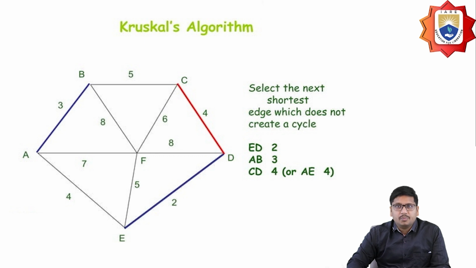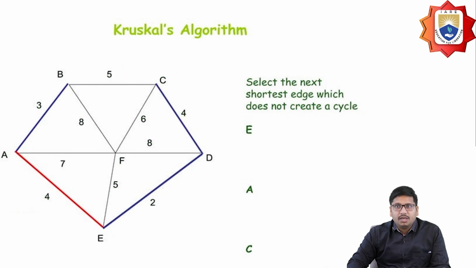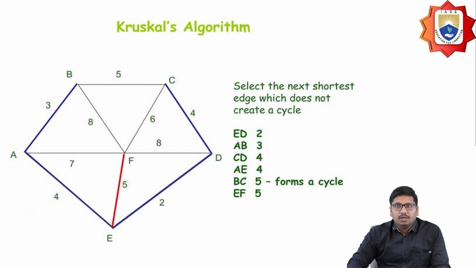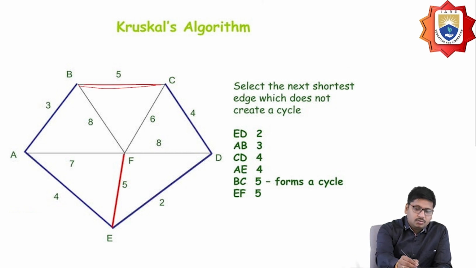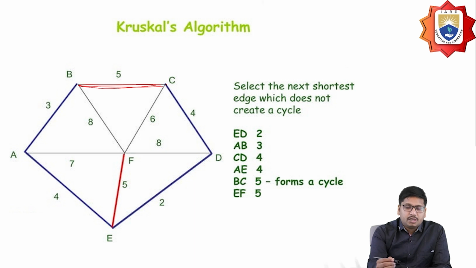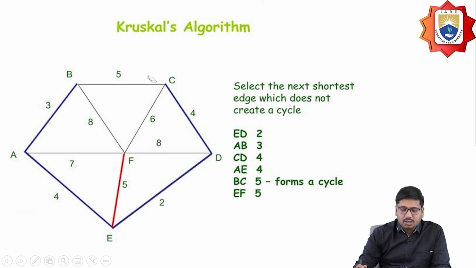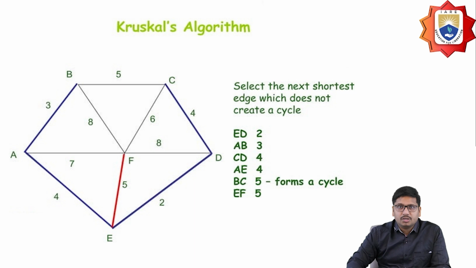I'm going to consider CD first, and AE also the same. And the next one is BC. If I consider this, it is going to form a cycle, which should not happen here. So in order to avoid that, I'm going to select the next one. The next minimum is EF, right? So I'm going to consider that.